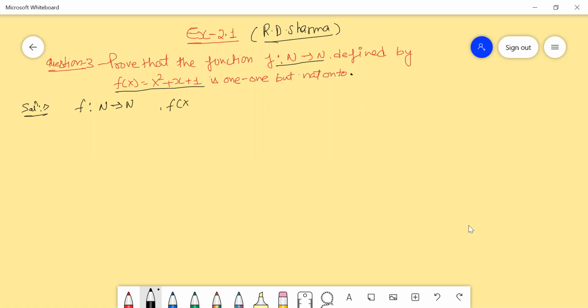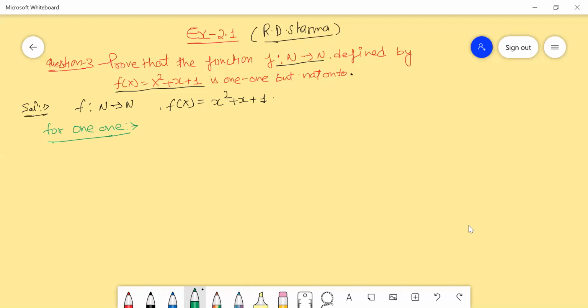The function given in the question is x square plus x plus 1. For checking one-one, we have to prove that this function is one-one but not onto.